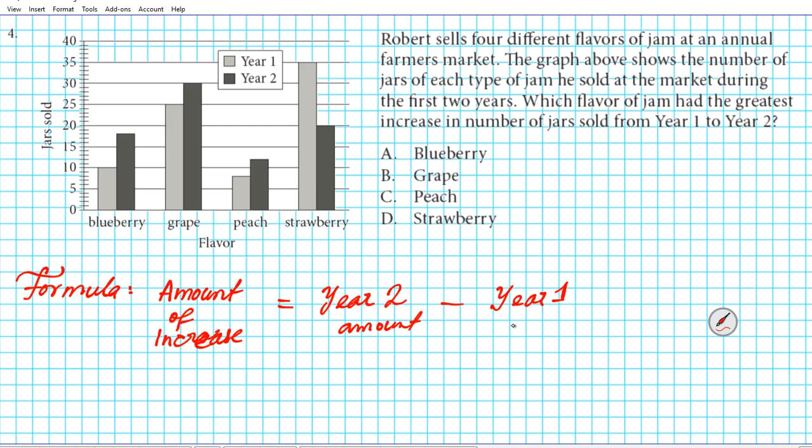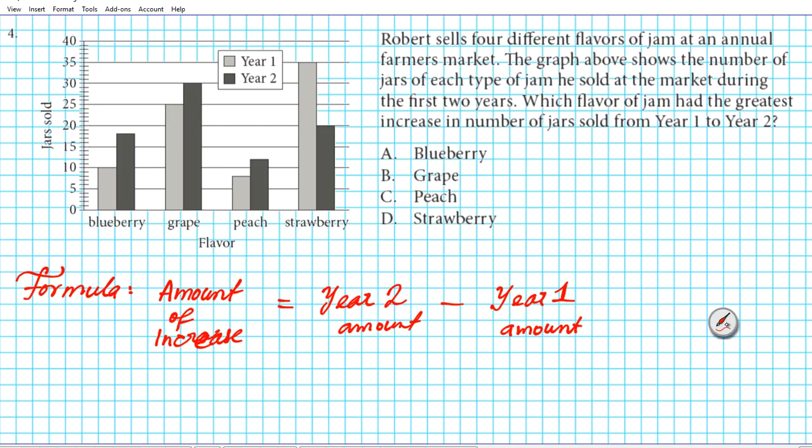If we just subtract the initial from the final, that will give us the increase. That's how you calculate increase. So what we're going to do is compute the increase from year 1 to year 2 for the different flavors of jam.